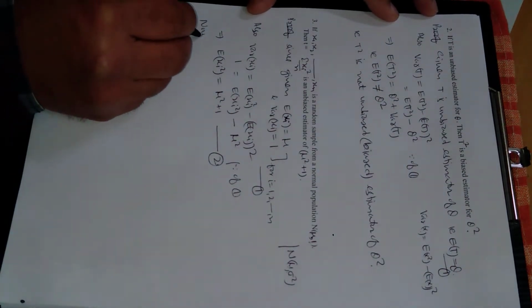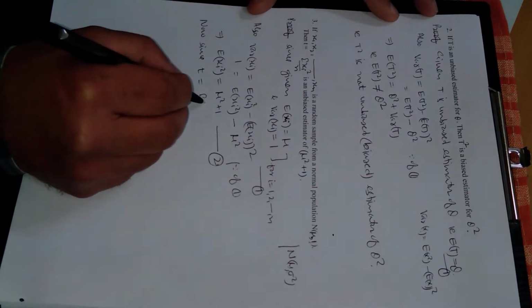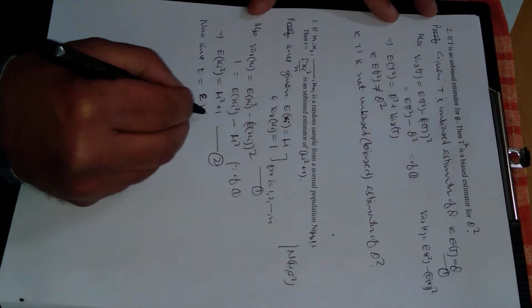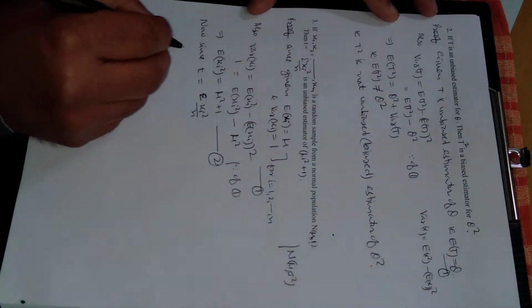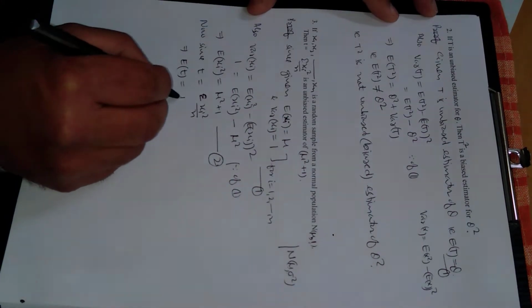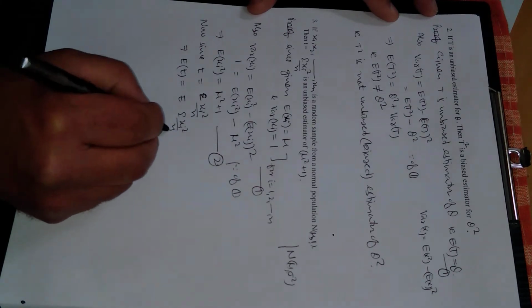Now, since small t is given as summation xi square divided by n, this implies E of t will be equal to expected value of summation xi square divided by n.